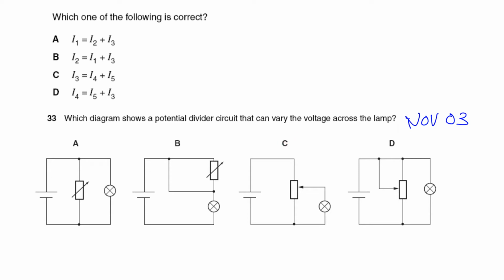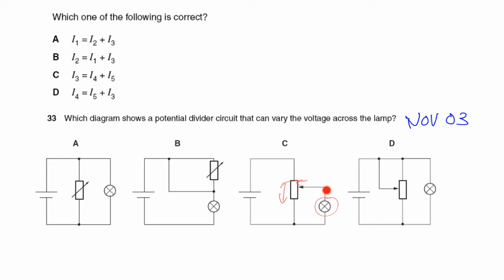Now C, this is different, because the current will come out to here, halfway up to here, let's say, and then it will split. How much the current splits depends on the ratio of this side's resistance and the resistance of the lamp. So if you push the slider to a higher point here, this side has higher resistance, so you will get less current.